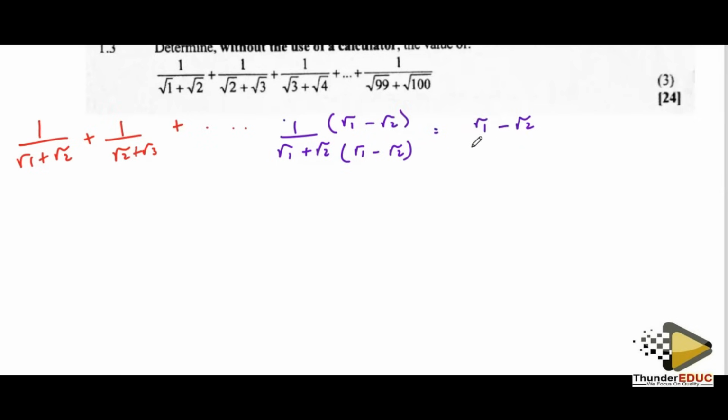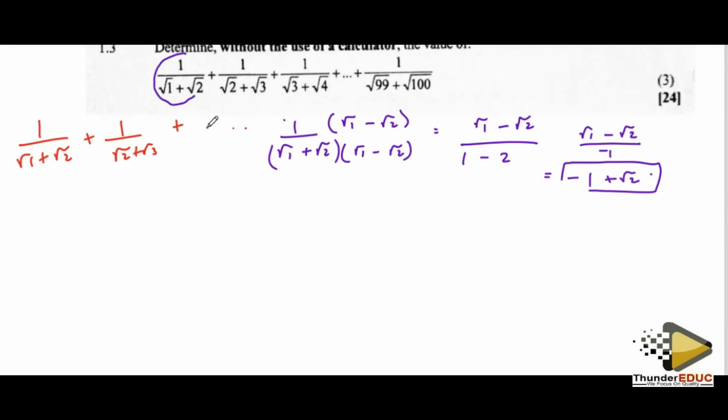Over, this is a difference of 2 squares, which means I'm going to have root 1 and root 1, which is a 1, minus root 2 and root 2 is going to give me a 2. So it's root 1 minus root 2 over negative 1. And I simplify that, I'm going to have negative 1 plus root 2. Okay, so this is my first term here.